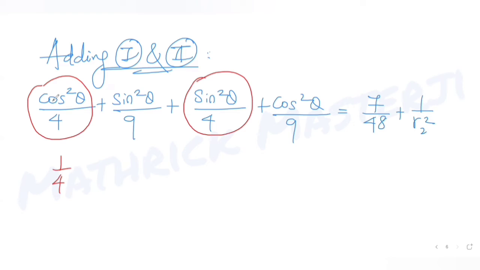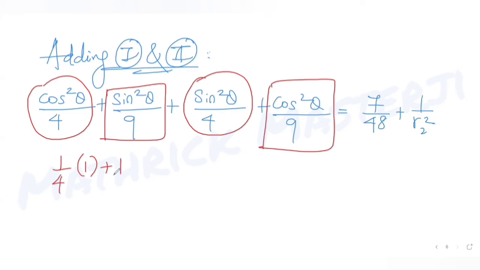You're left with cos square theta plus sine square theta, which is 1. For the other two, 1 over 9 common, sine square theta plus cos square theta, again 1. 7 over 48 as it is. 1 over R2 square is the unknown.